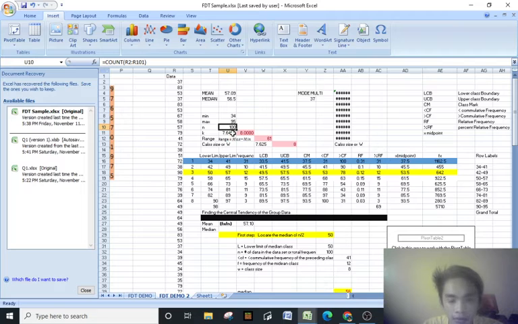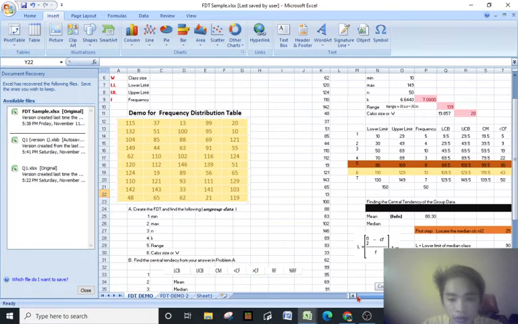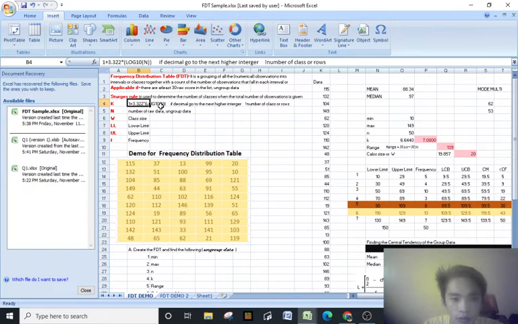Then to get the key, you need to follow the PDT demo. Round the decimal up to the next higher integer for the number of class rows.